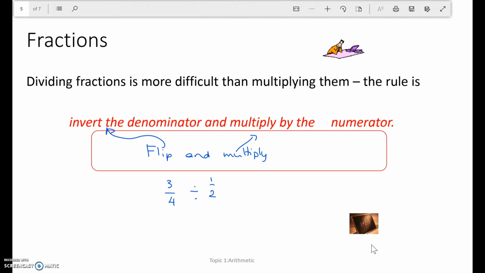Half is the denominator, so we're going to flip that and multiply. So it's 3 over 4 times, now flip becomes 2 over 1, so it's 3 2s are 6 over 4, which we could simplify.